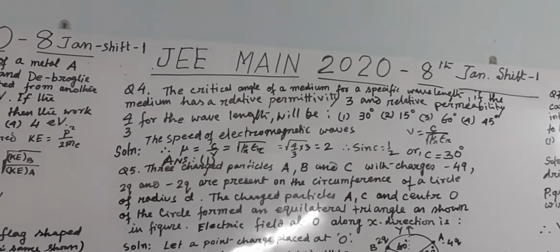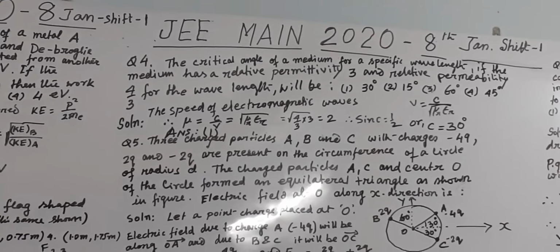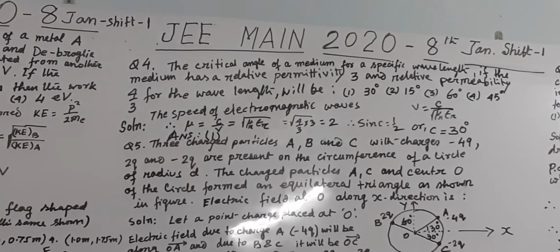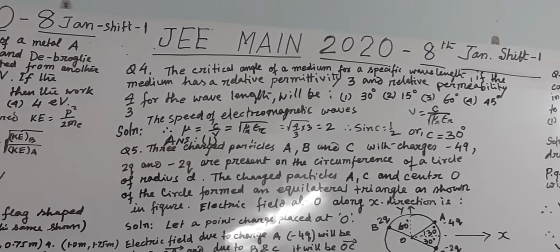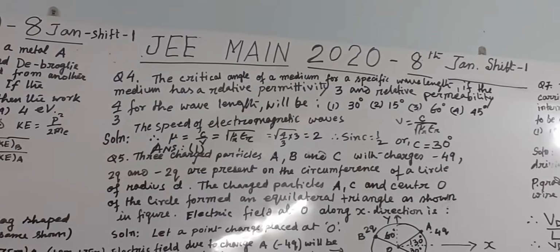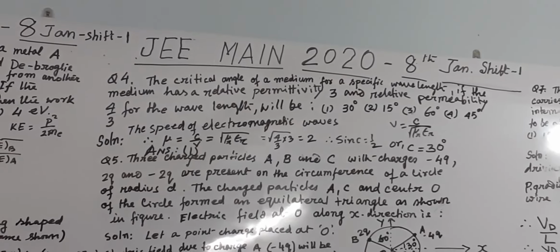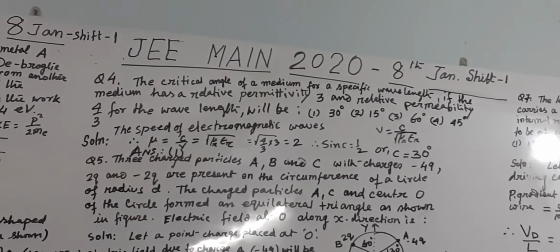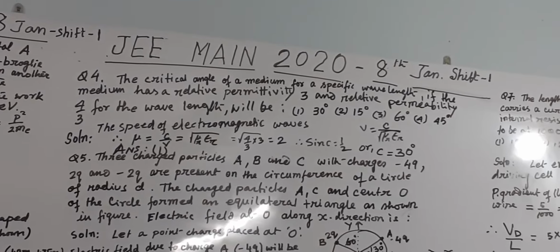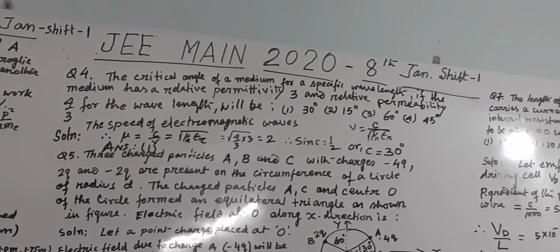Now question number 4. The critical angle of a medium for a specific wavelength, if the medium has a relative permittivity 3 and relative permeability 4 by 3 for the wavelength, will be, there are 4 choices. We know that the speed of electromagnetic waves we can write V equal to C divided by root under mu suffix r epsilon suffix r.